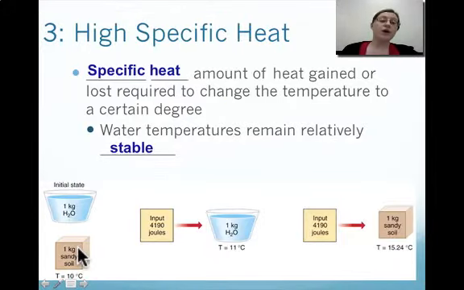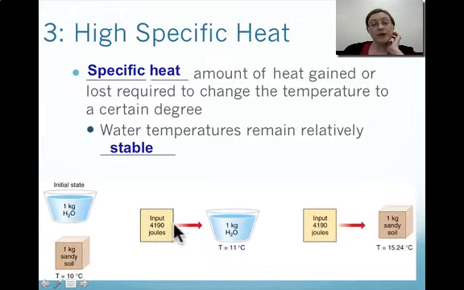Another property, water has a very high specific heat. And what that means is the specific heat of a substance is how much heat is gained or lost when temperature is changed around it. And lucky for us, water responds relatively stable to changes in temperature. And here's what that means. Okay, I have an amount of water and I have the same amount of soil, okay, not water.